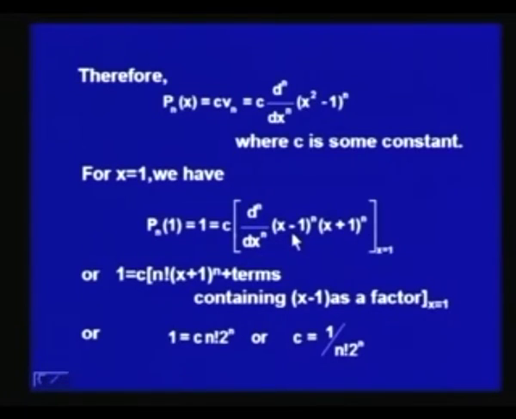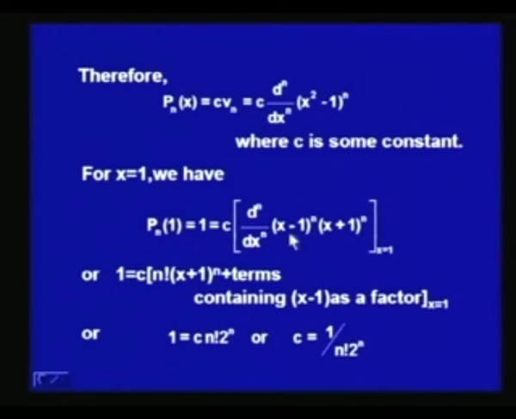We can factorize it as (x − 1)^n into (x + 1)^n. When we differentiate it n times and put x equal to 1, we will get Bn at x equal to 1. Now, Pn(1) is equal to 1, right side is c times. Now, we can differentiate (x − 1)^n into (x + 1)^n, n times.